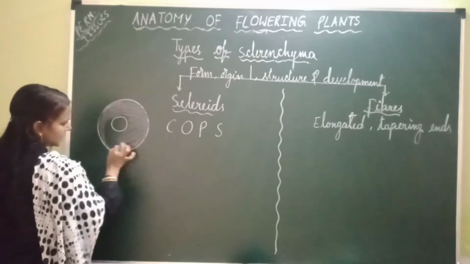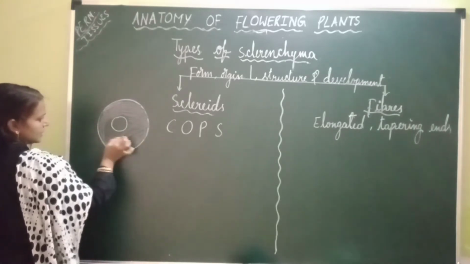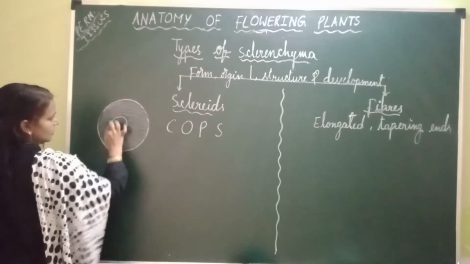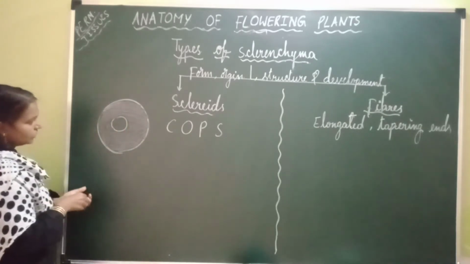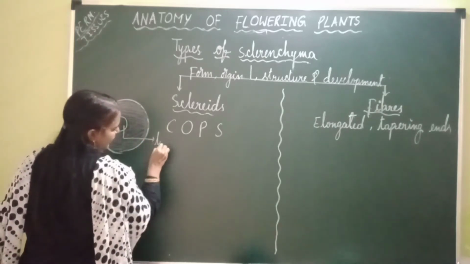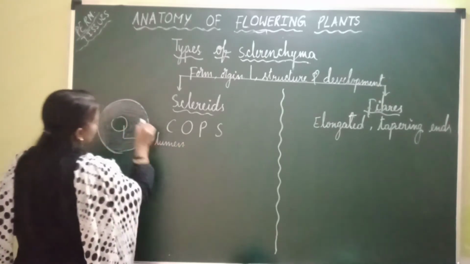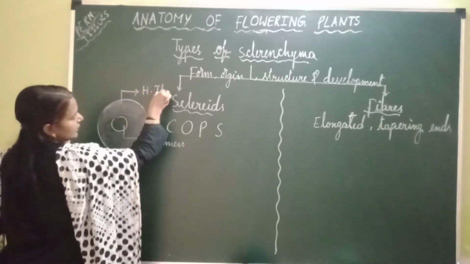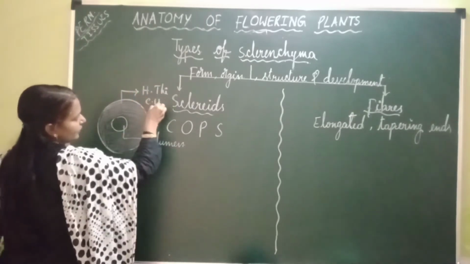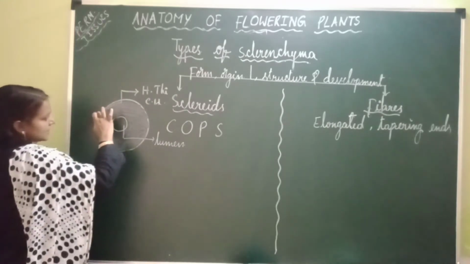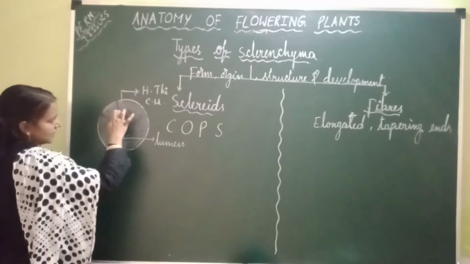So this is the lumen, and this is the highly thickened cell wall.